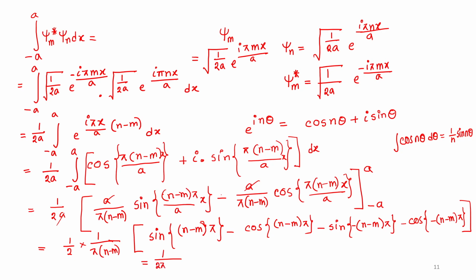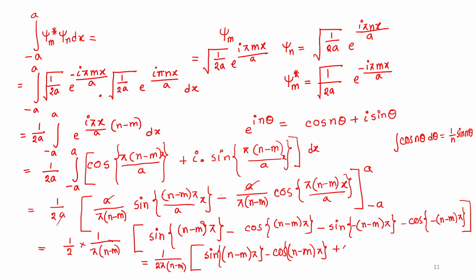Let me see what I have. 1 by 2 pi (n minus m). Now inside the square bracket I have sine (n minus m) pi minus cos (n minus m) pi. Now when there is a negative thing inside the sine, we can take it outside, and the negative sign can come outside.